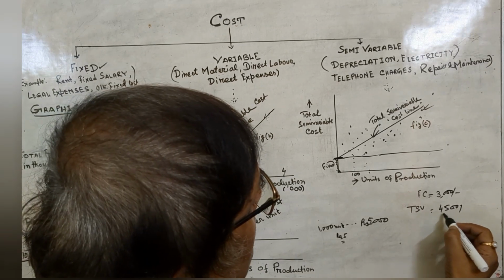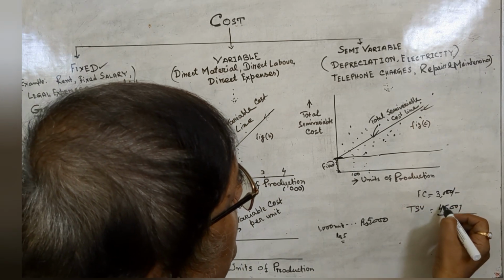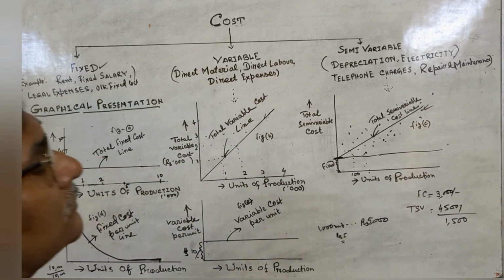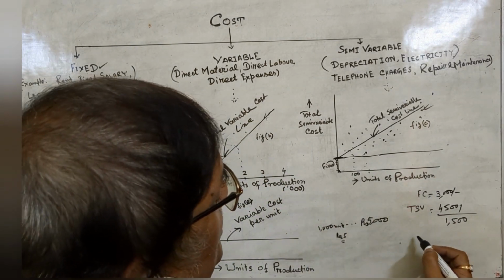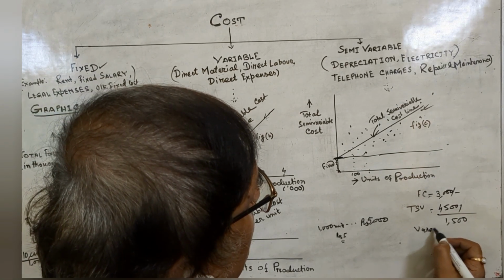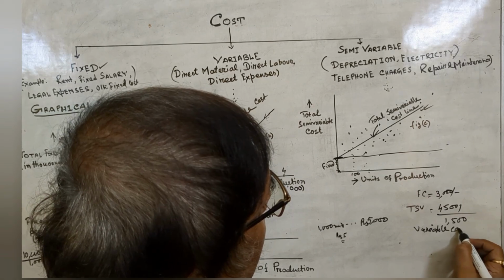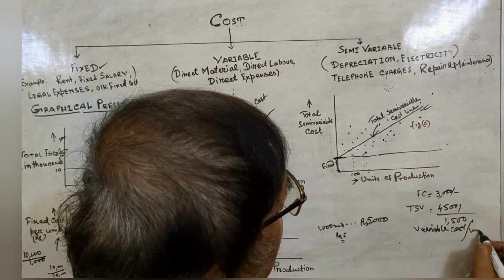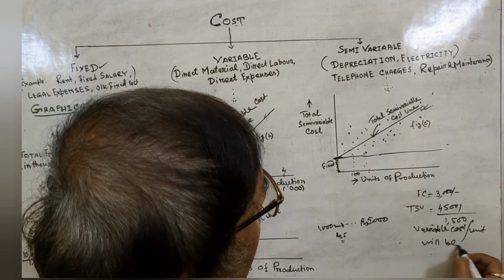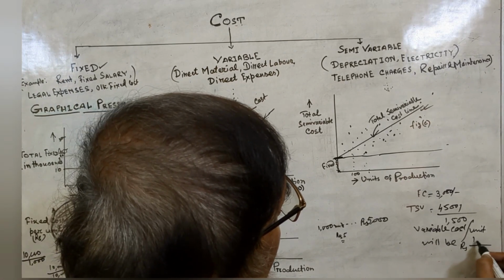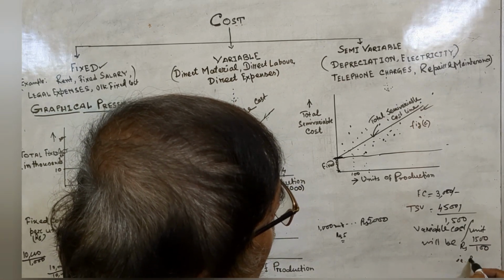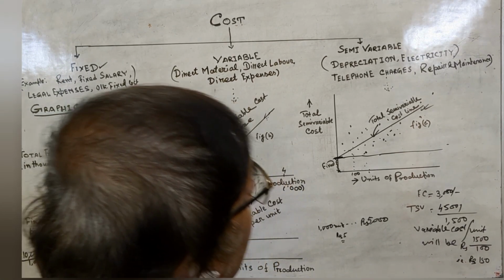Then what is the variable cost per unit? You subtract this from this, that is 1,500 for 100 units. That is, the variable cost per unit will be rupees how much? 1,500 divided by 100, that is rupees 15.